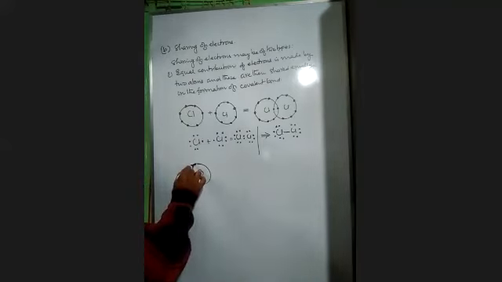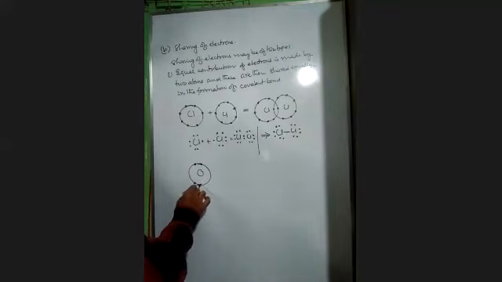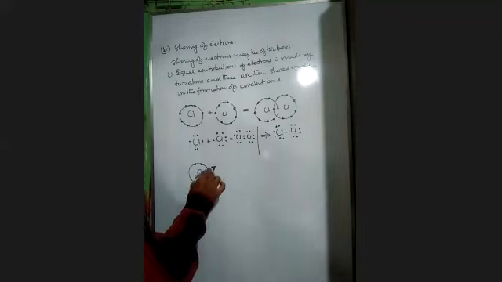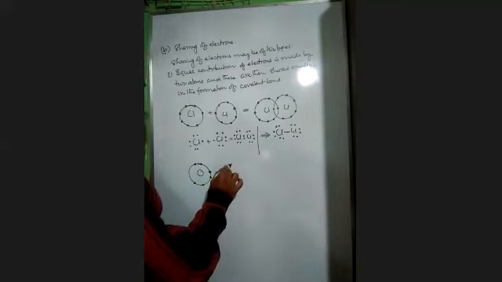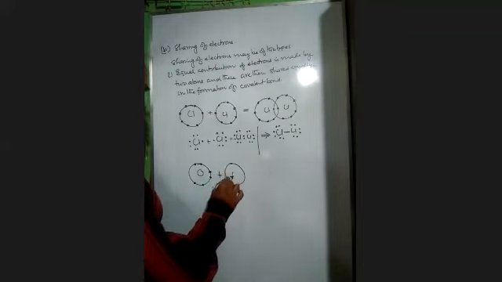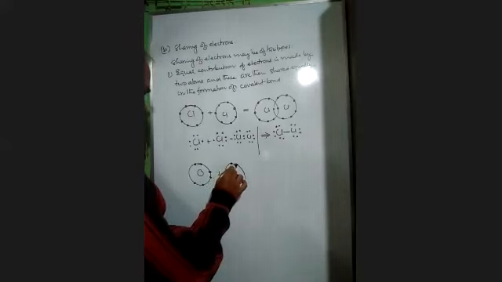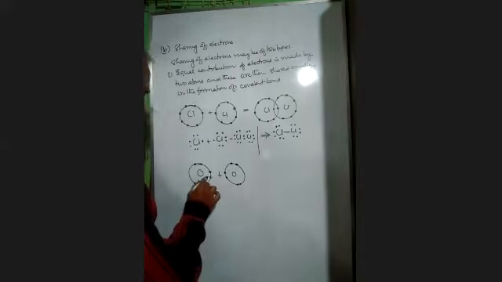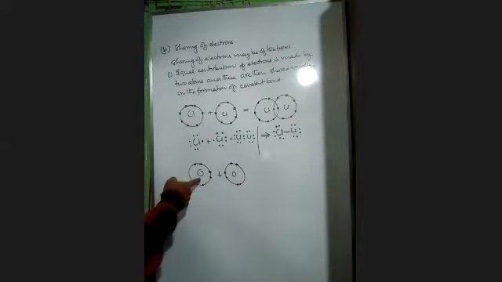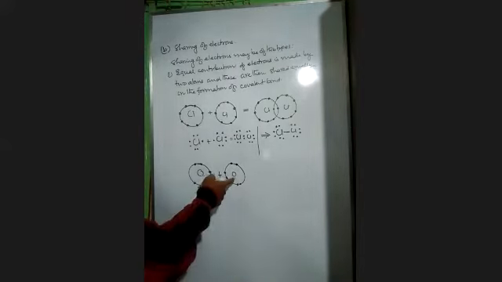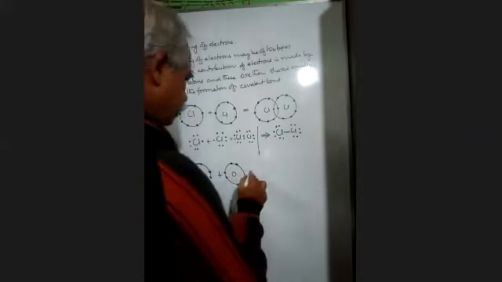It is 1, 2, 3, 4, 5, 6. This thing all of you know. So they are going to share because it is short of 2 in octet. It is also short of 2 in octet. So what do you get now here?